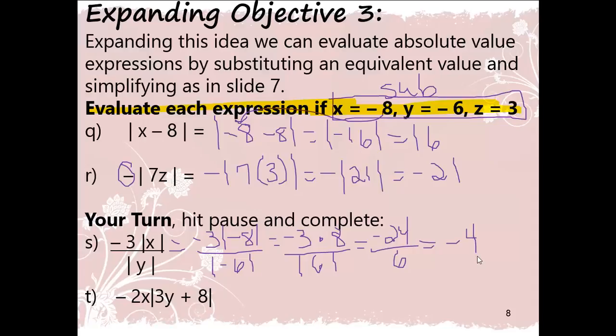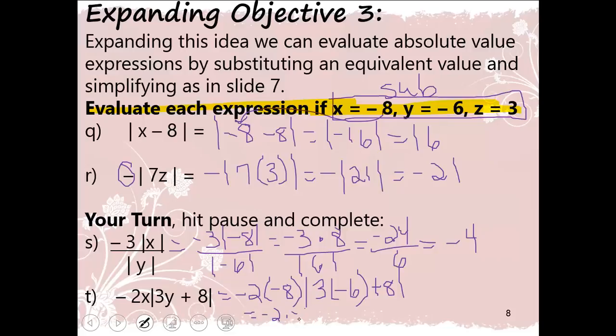The last one, t, we're going to plug in negative 2, and then x is negative 8. Notice that that's out in front, so don't think you have to change the sign on that one. Now we have our absolute value bars, 3 times negative 6 plus 8. All right, so start on the inside, and we get negative 2 times negative 8.